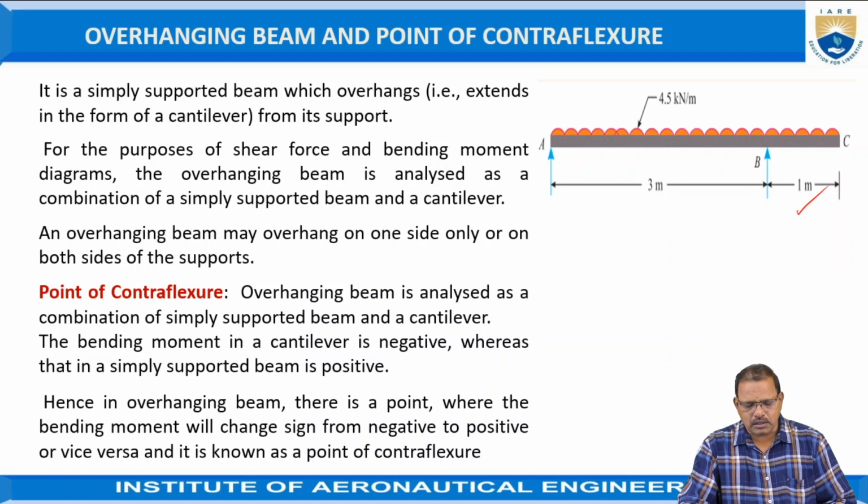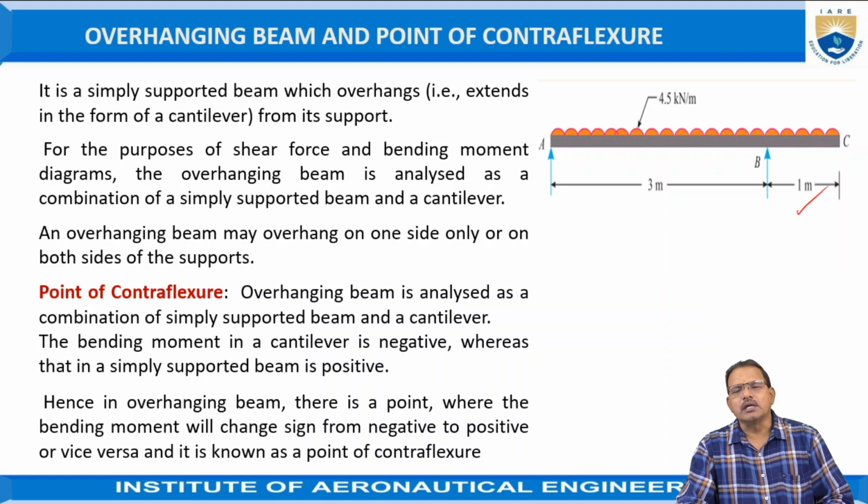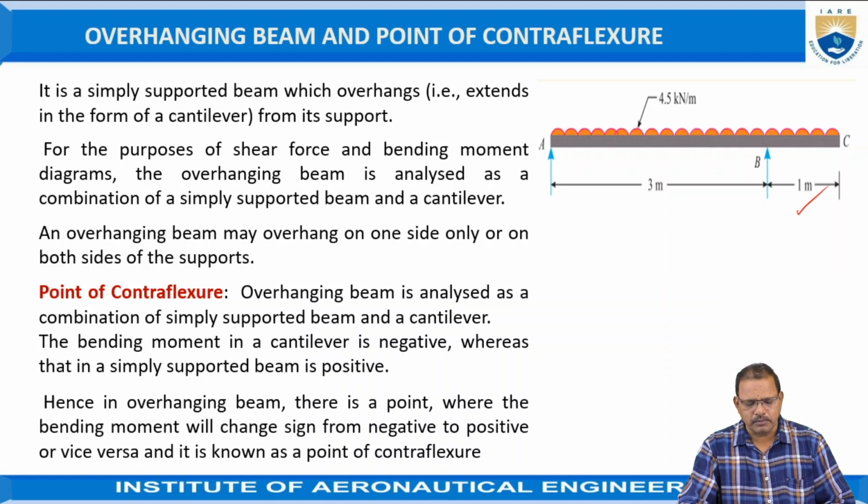Point of contraflexure. The overhanging beam is analyzed as a combination of simple supported beam and cantilever beam. The bending moment in a cantilever is negative, and in the case of a simple supported beam, the bending moment is positive.